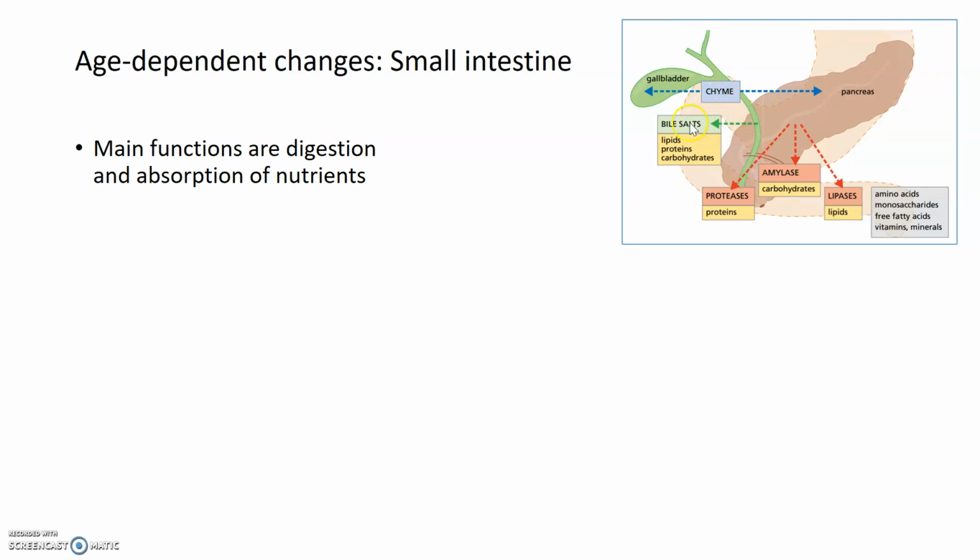And so the gallbladder will secrete bile salts into the small intestine. The pancreas will promote secretion of amylase for further carbohydrate digestion, as well as proteases and lipases. And this breaks down all of the components still in this chyme mixture into their monomers, right? So amino acids, monosaccharides like glucose, fatty acids, and vitamins and minerals that can then be absorbed within the small intestine.